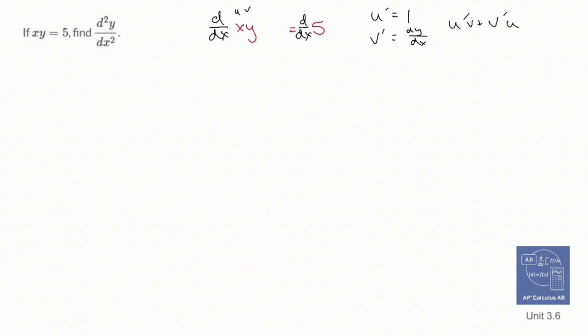All right, so on the left side, I get u prime v, which is going to be 1 times v, which is y, plus v prime, which is dy dx, times u, which is x. That's the left side. That's going to equal 5, or the derivative of 5, which is nothing.